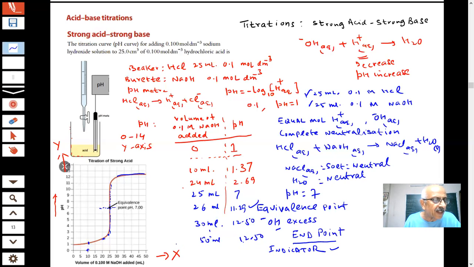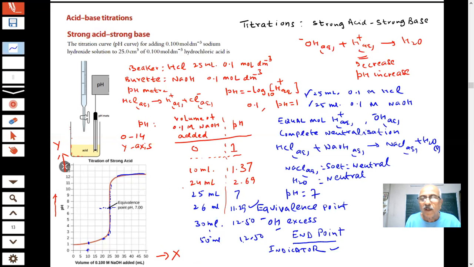So here the pH is changing from, how much was it in the beginning? It was something before 25, 3. So it is going from 3 to 11, something like that. So it's a range 3 to 11. So we should have an indicator which will change its color during this period.